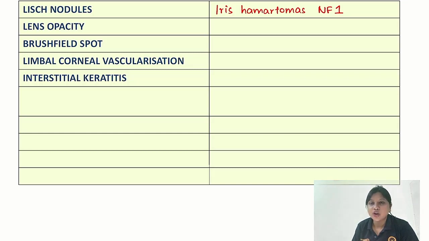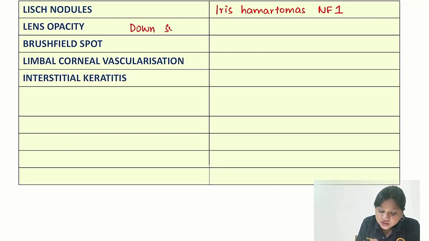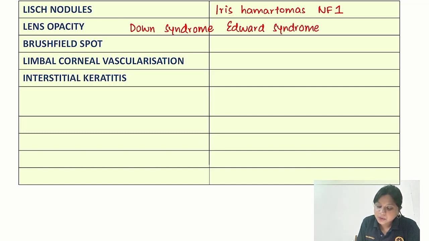Lens opacity or lenticular opacity is found in Down syndrome, that is trisomy 21. Next is Edward syndrome, trisomy 18, and Patau syndrome, trisomy 13. Brushfield spot is again found in Down syndrome.